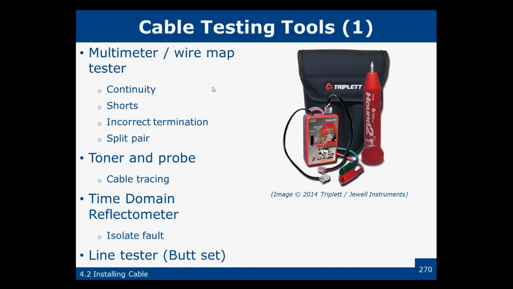You need to get the sheathing up under the point where the crimp happens, or they will pull out after a while. So we're looking for continuity. We're worried about shorts, incorrect termination, the wrong order.